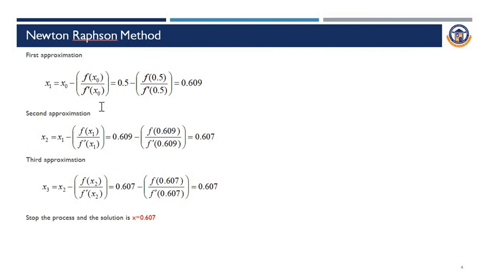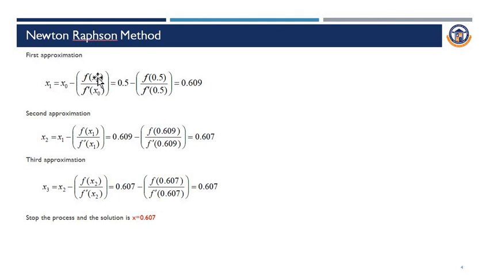Since the general iterative formula is x(n+1) equal to x(n) minus f of x(n) by f dash of x(n), for the first approximation I can replace n as 0. Since I have the x naught value as 0.5, with the help of 0.5 I can calculate f of 0.5 and f dash of 0.5.